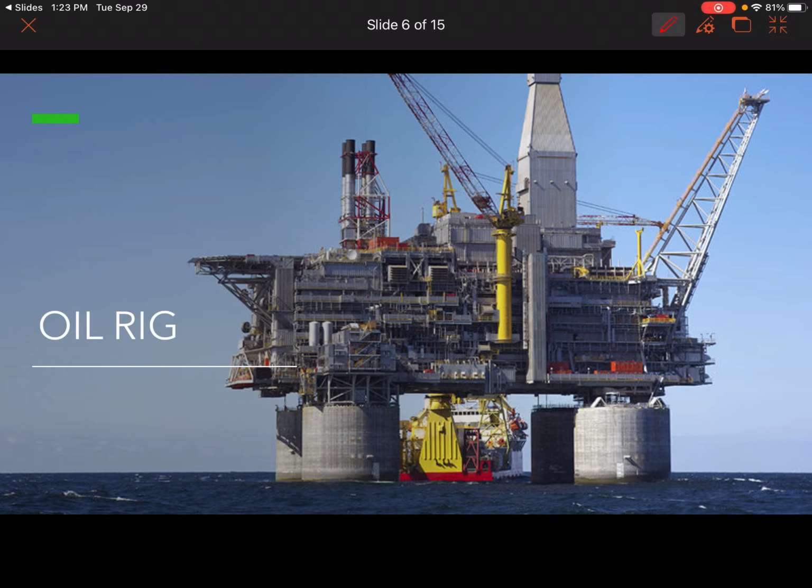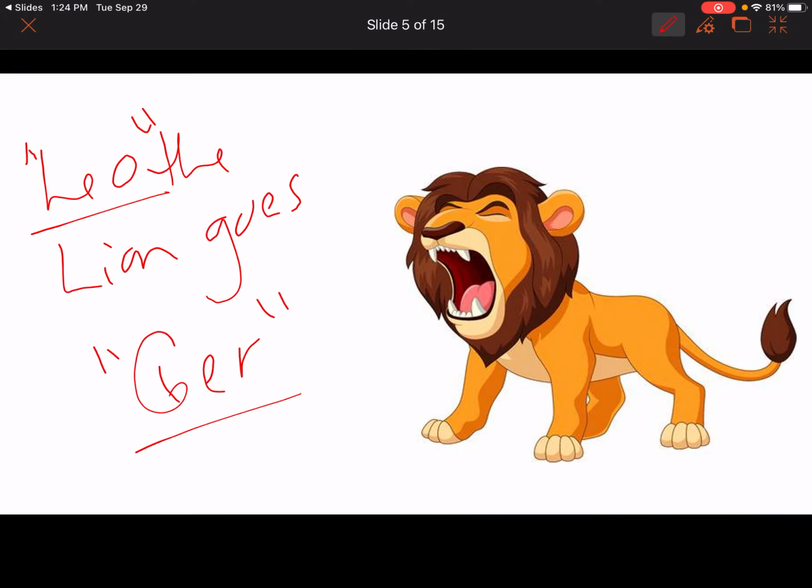Now, there are weird people who prefer to use OIL RIG, which is oxidation is losing, reduction is gaining, but who wants an oil rig? Not nearly as cute as our little Leo the lion, right? So you literally are going to use this a lot, and you'll use it as you continue your chemistry career, maybe next year if you end up in college or university.